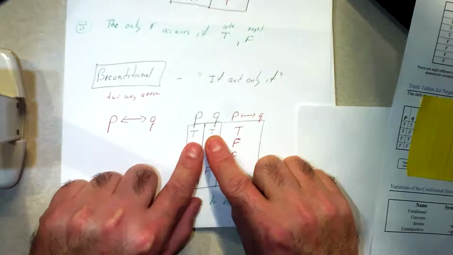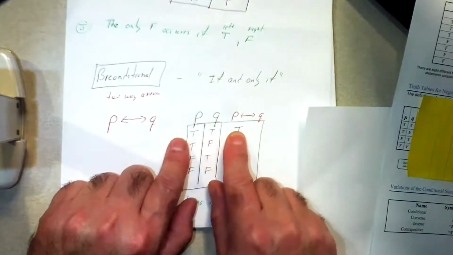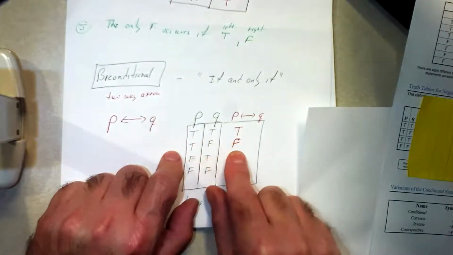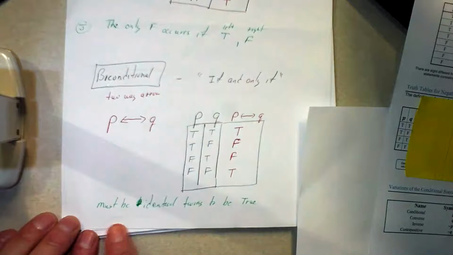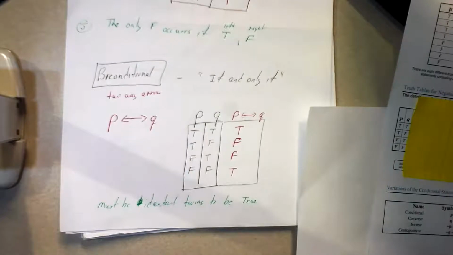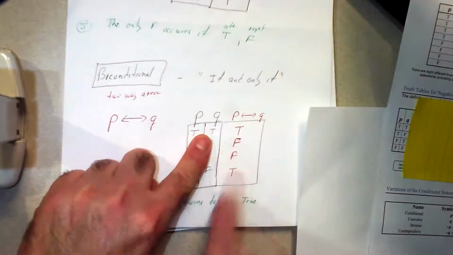They got to match. So notice I have a pair that matches, TT, that's true. These don't match, it's false. These don't match, it's false. But these match, which is true. So one way to remember it: must be identical twins in order for it to be true. Identical, identical. True, true.